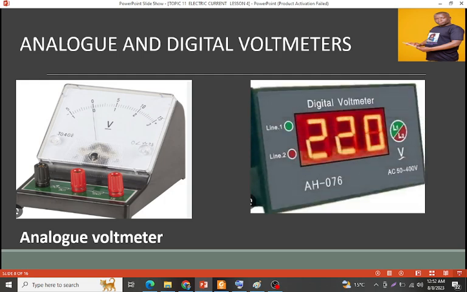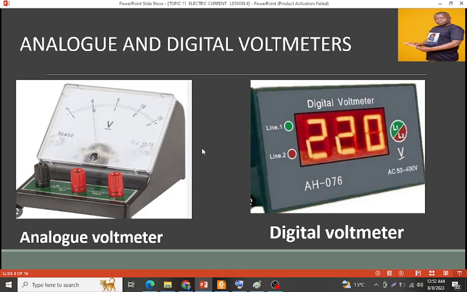But also you can have a digital voltmeter. It's very rare to see this in schools. Of course, some schools do have it. I'm sure your own school also has this.